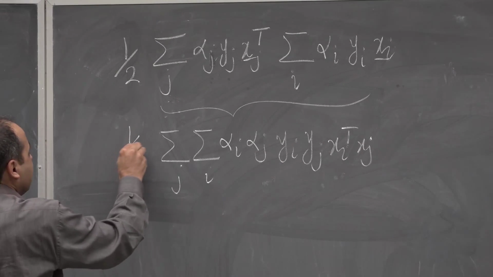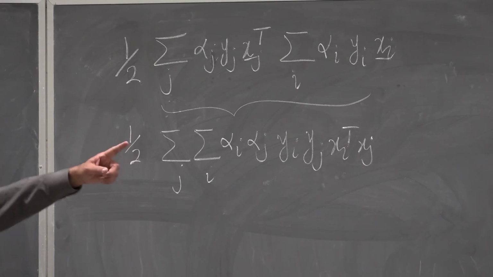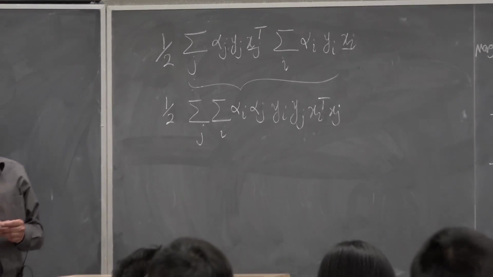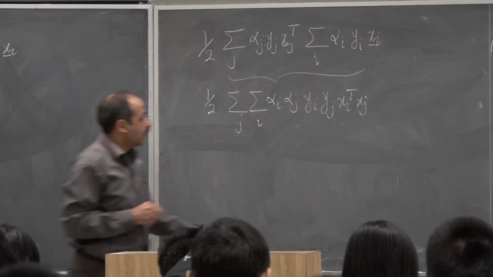And I have 1/2 here. That's my first term, beta squared. Okay.